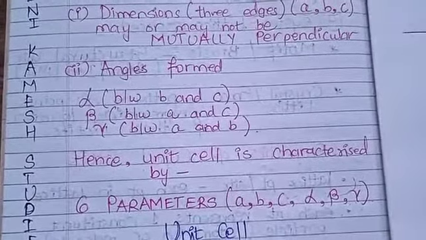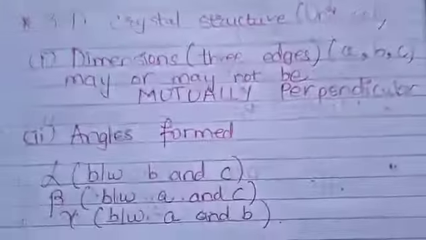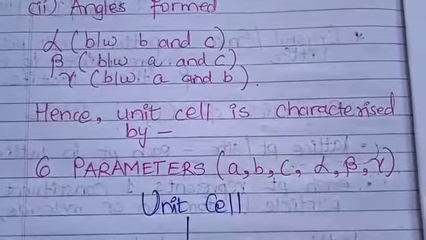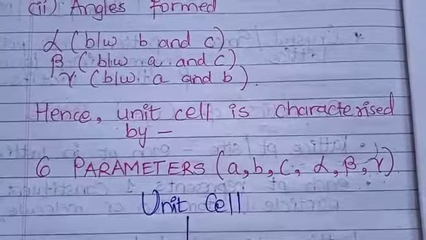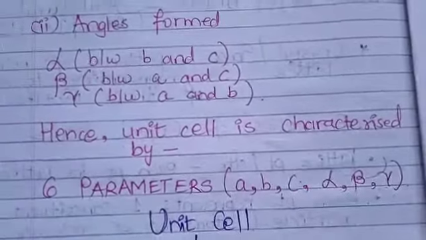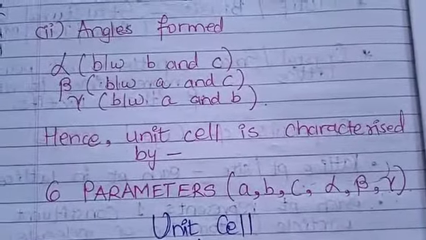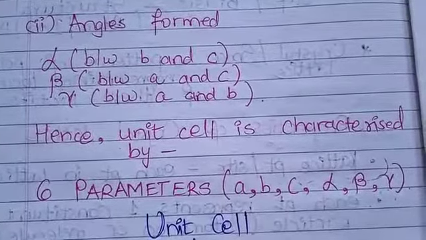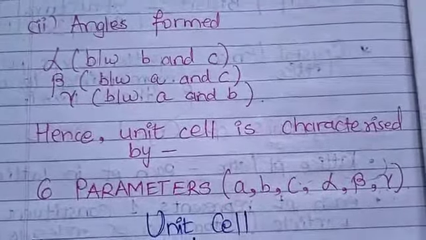I have written these 2 points in a very short manner. Hence my unit cell is characterized, or you can identify it, with these 6 different parameters: a, b, c, which are my dimensions, and alpha, beta and gamma, which are my angles. Hope you cleared this.